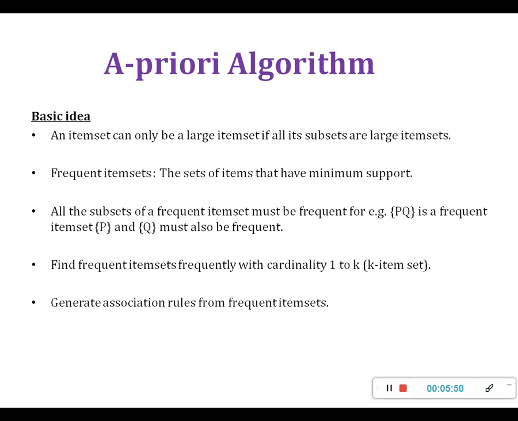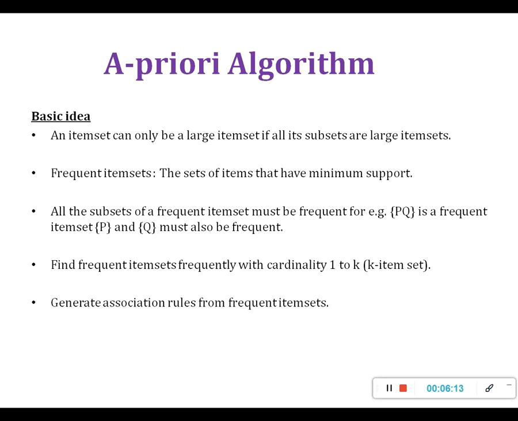So all the subsets of a frequent item set must be frequent. This term is very important. For example, if I want to calculate the frequency of PQ, whether PQ is frequent or not, what are the subsets of PQ? P and Q. These are the two subsets.